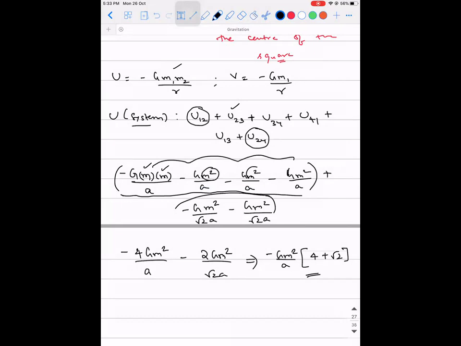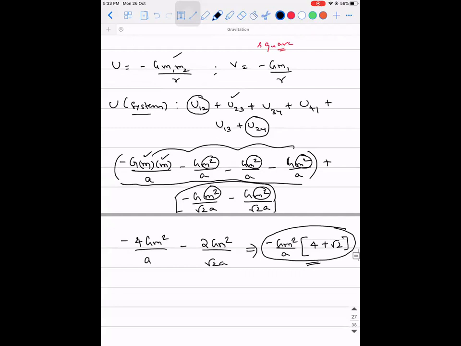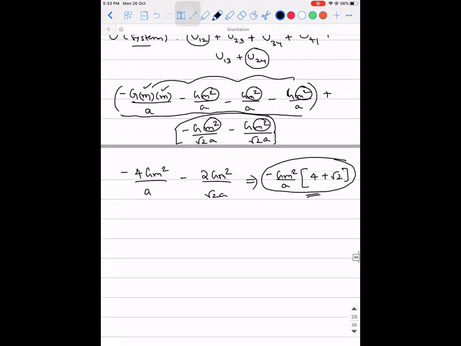That is why I directly wrote it as M square. Okay, minus G M square divided by a into 4 plus root 2. Clear, guys?